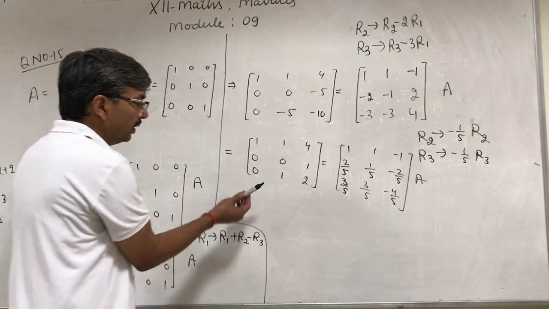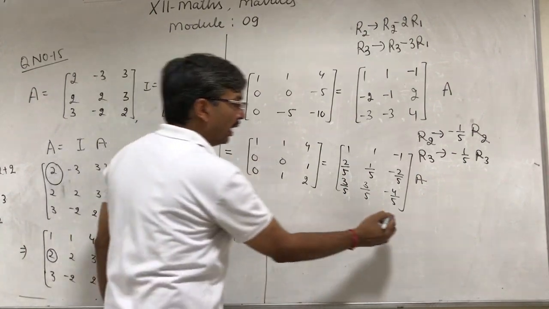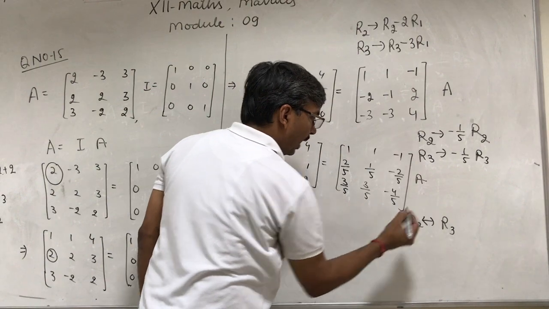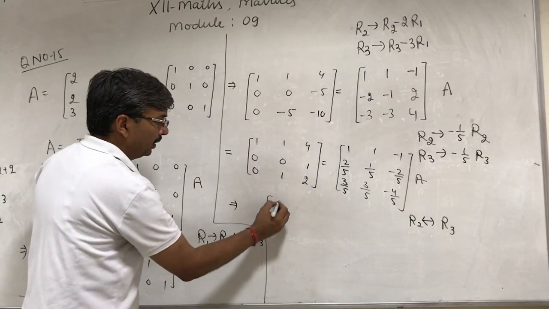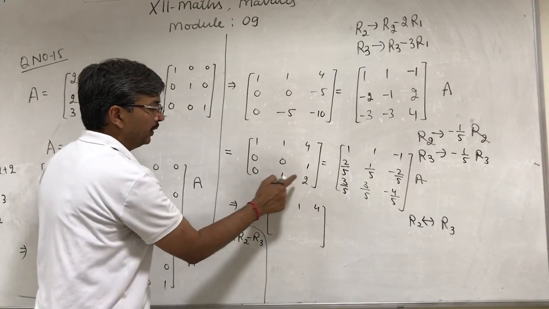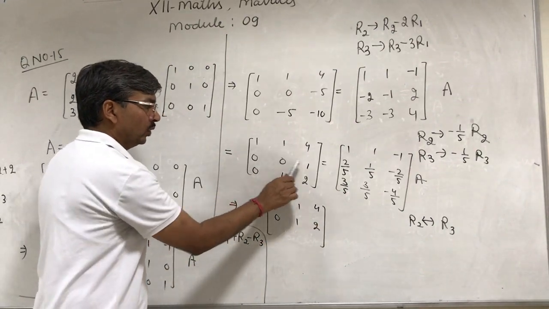And now change these. R2 change to R3 and R3 change to R1. We will get 1, 1, 4, 0, 1, 2, 0, 0, 1.